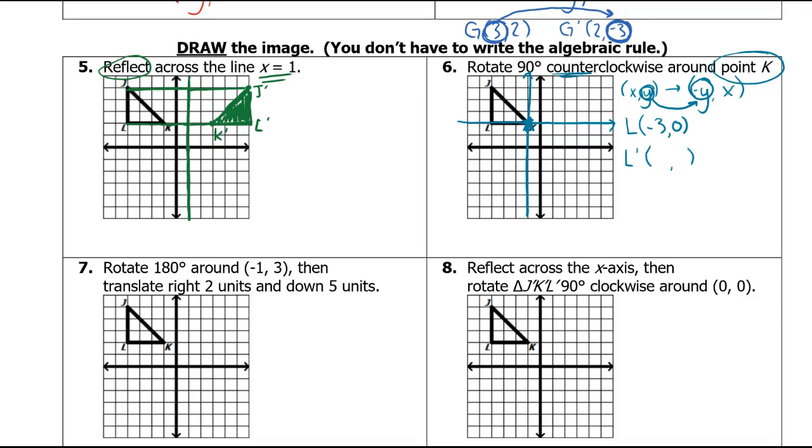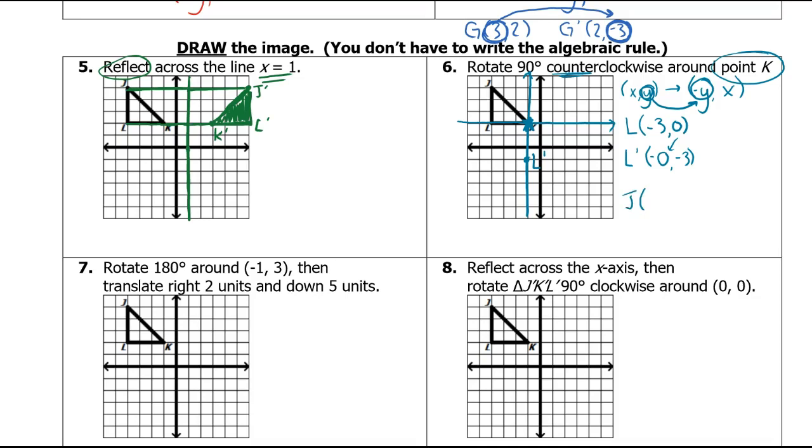So I'm going to swap to 0, negative 3, and I'm going to change one of the signs, the old y coordinate, the new x coordinate, but of course a negative 0 is still a 0. So L prime is at 0, negative 3. So 0 from the fake origin, negative 3. There's my L prime. I could have done that exact same thing with the arrows like we saw in number 4.